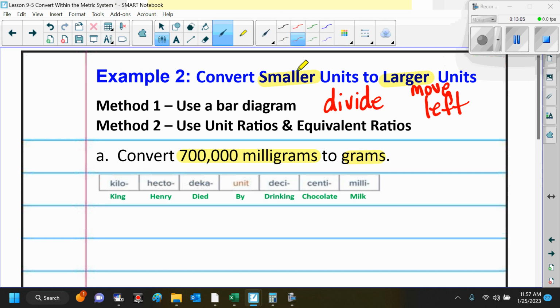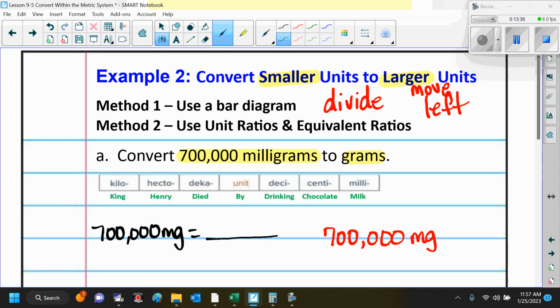I'm going to write the 700,000, and this is milligrams, and we're converting that to grams. Where's milligrams? King Henry died by drinking chocolate, milligrams.